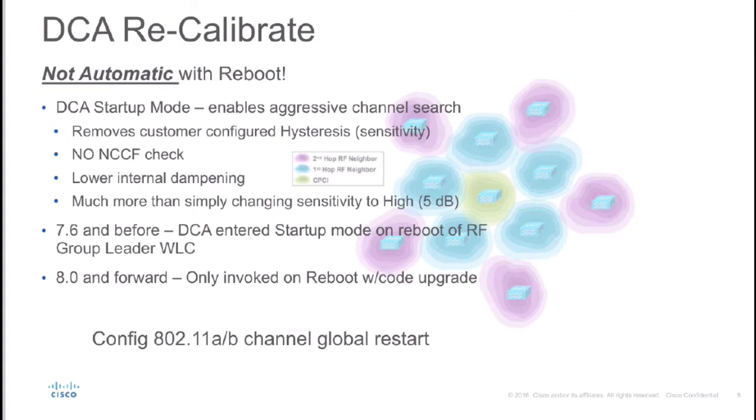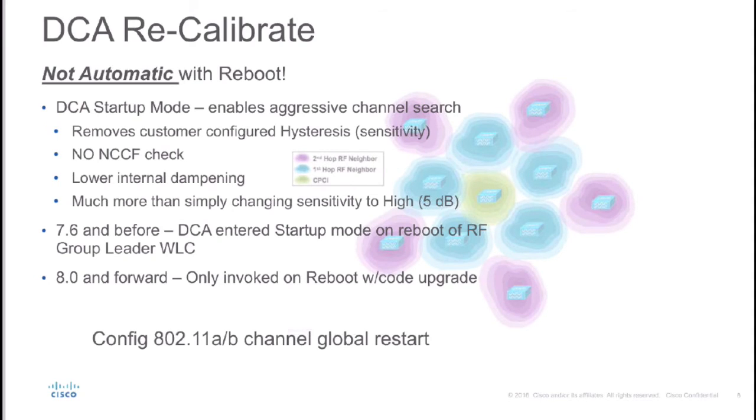Okay, got it. And then in DCA recalibration, this is what we used to call restart. However, I'm calling it a calibration now because that's a nicer name. DCA startup mode enables an aggressive channel search, removes customer configured hysteresis, in other words, ignores sensitivity.